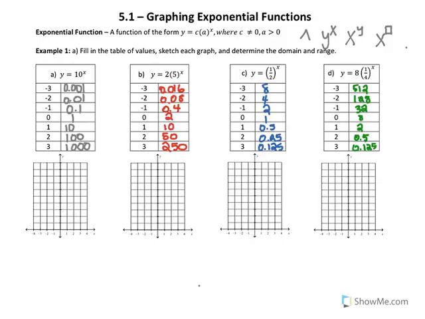Okay, so this is what you should have gotten. And let's just see if there's anything we find that's in common. So first of all, these points right here, (0,1), (0,2), (0,1), (0,8), those are important because they are our y-intercepts. And what you should notice that's common about them, if we call this equation y equals a times b to the power of x, or whatever, c, it says c there, shoot.